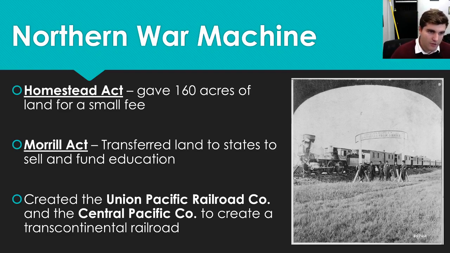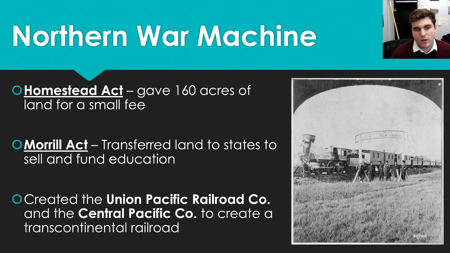You also had the creation of the Union Pacific Railroad Company and the Central Pacific Railroad Company in order to create a transcontinental railroad. If you'll remember last lecture, we talked about the debate over where the railroad was going to go. Is the railroad going to go through the south or through the north? Well, since the north had the resources, they say, okay, we're going to take the Union Pacific from Omaha and the Central Pacific from California, and we are going to connect them through the north.